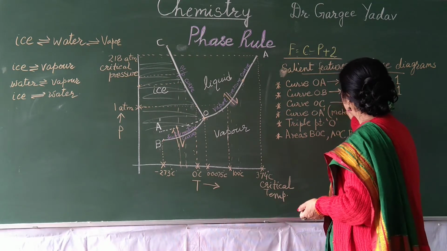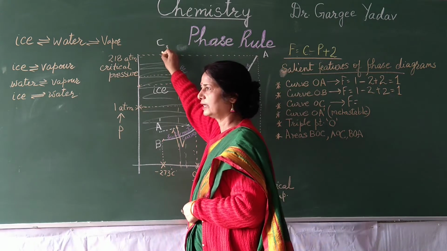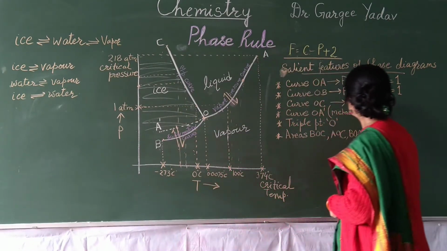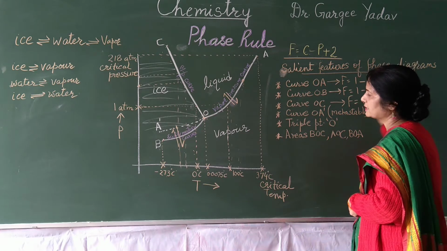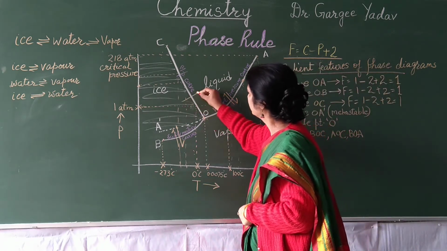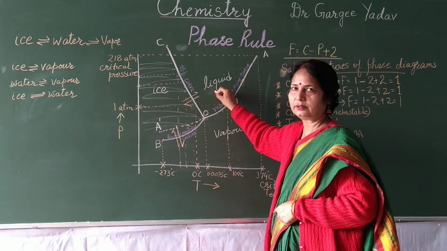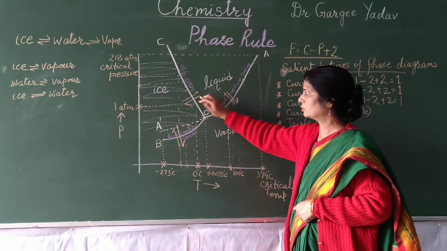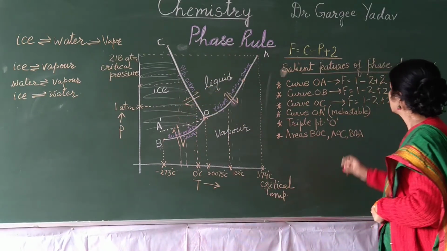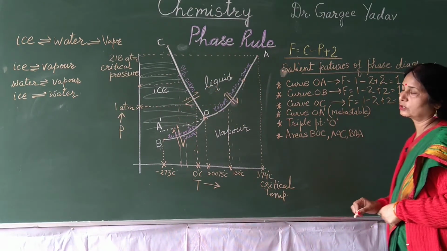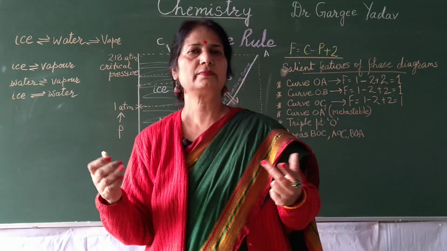So again, if we calculate F over here on this curve OC, what we get is F equals 1 minus 2 plus 2. Here the two phases in equilibrium are ice and liquid water. So the degree of freedom comes out to be 1, as we have seen that along the curves the degree of freedom comes out to be 1.